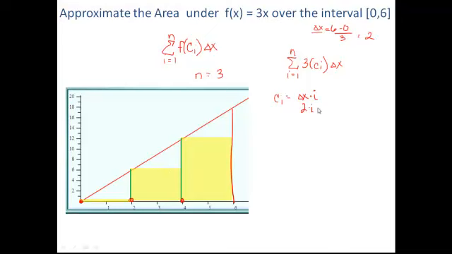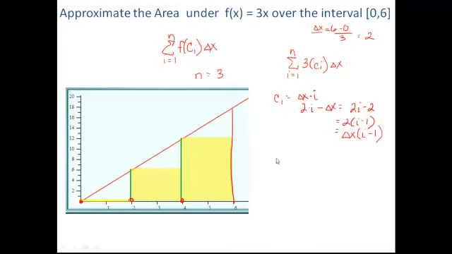So what I do have to do is take off one of my delta x's. So take off one of my 2's. So what I get is 2I minus 2. What I can go ahead and change that to be is 2 times I minus 1. What I did in the end was I took delta x times I minus 1 because we need to be taking off a delta x each time.